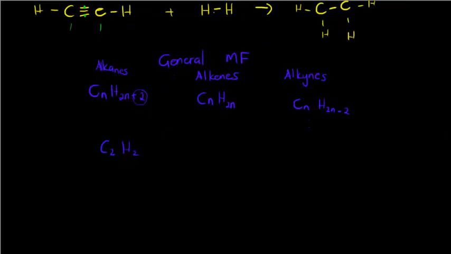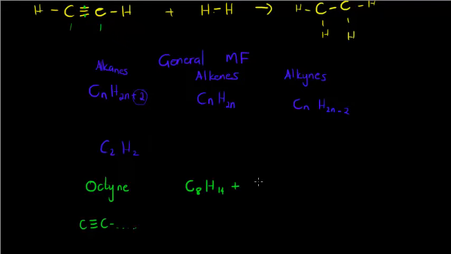So if I were to do, let's say, octyne, it will have a triple bond between the first carbon and the second one, and then there will be another 6 carbons. So octyne's general molecular formula would be C8H. Now what do we do? We double this and subtract 2, so it's 16 minus 2 is 14 hydrogens. In total we'll have 14 hydrogens.